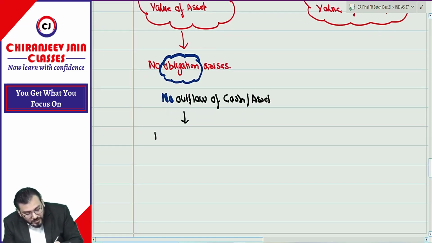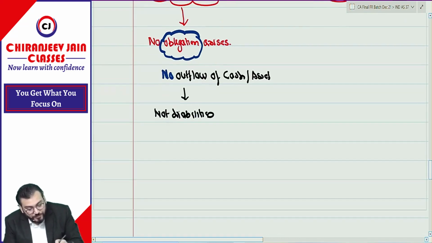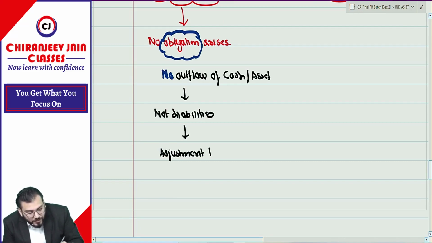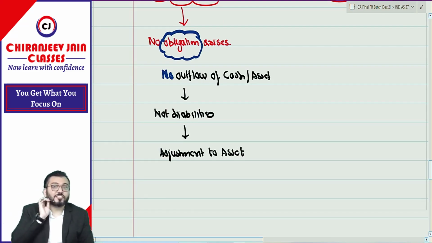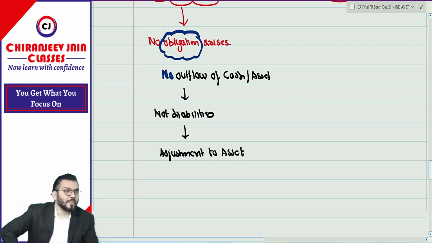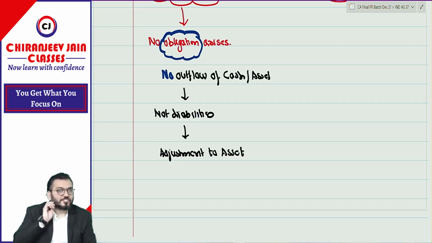Therefore, these are not liabilities. Therefore, these are only considered as an adjustment to asset. Understood? They are only adjustment to asset.